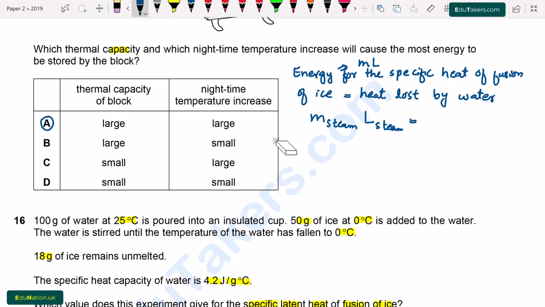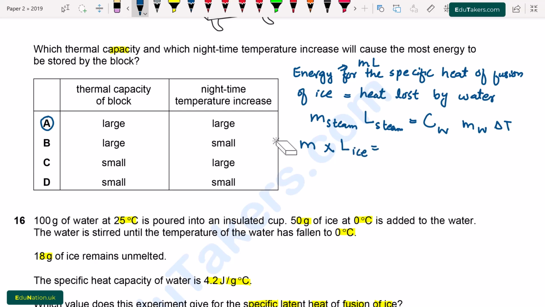It will be equal to the specific heat capacity of the water, mass of water, and also the change in temperature. So basically here we have to find out the specific latent heat of fusion of ice. So I write here mass multiplied by latent heat of fusion of ice.